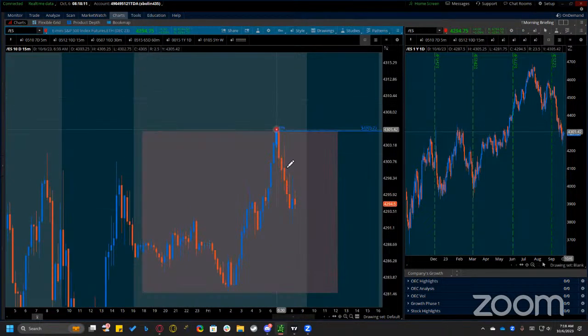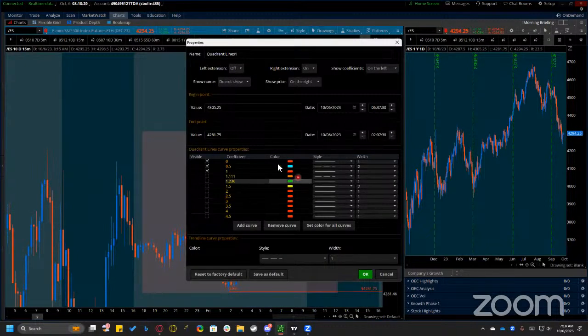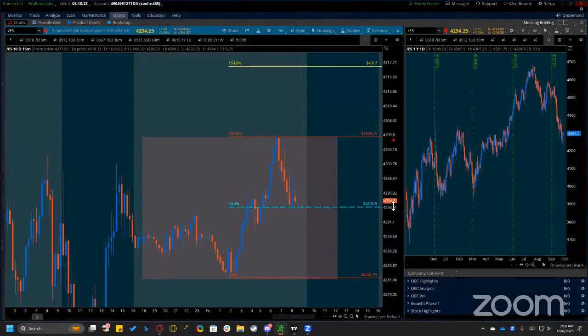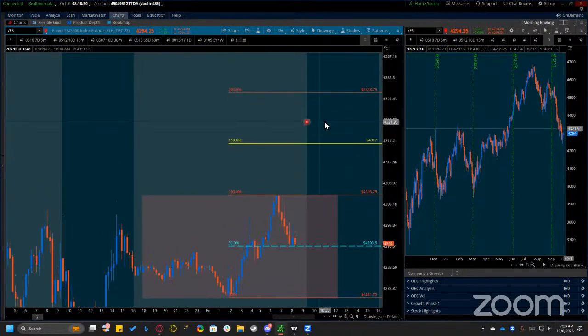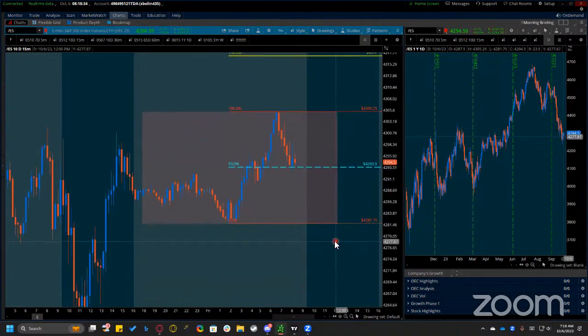If it wasn't an event day and we just had this range here, you wanted to project some levels without all those labels and indicators and lines and drawings and tools that are all over the place. You just measure the range and give it 50% and 100% to the upside. This is basic technical analysis 101, right?